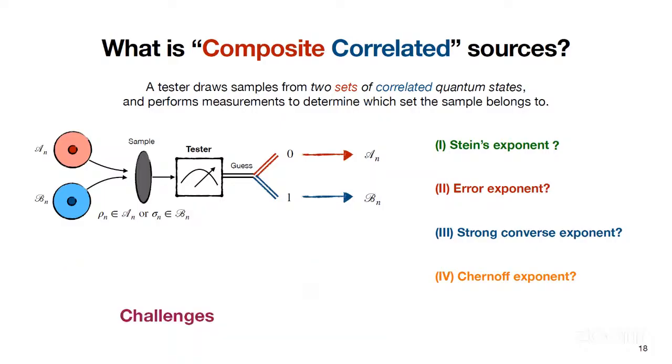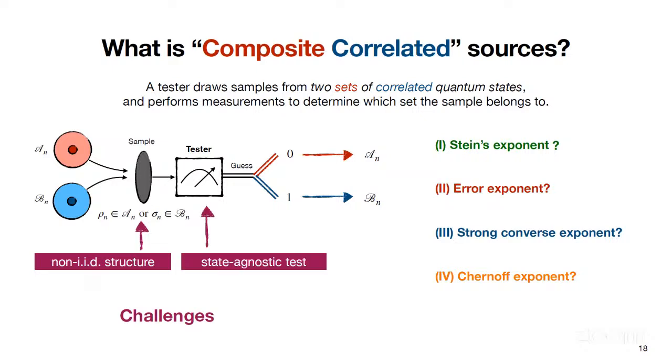Of course, once you introduce the composite model, many challenges occur. The first one is that you no longer have the IID structure, because all the rho n or sigma n you sampled are essentially correlated. And also here the test, because you have limited knowledge of what happens inside the box, the test you design has to be state agnostic, which means the test M should be independent of a specific rho or sigma in the set.